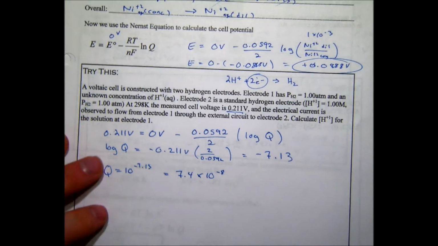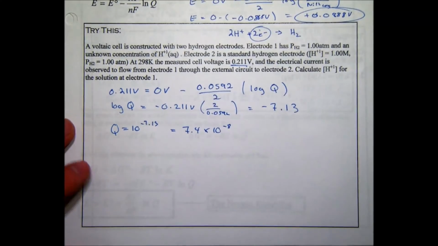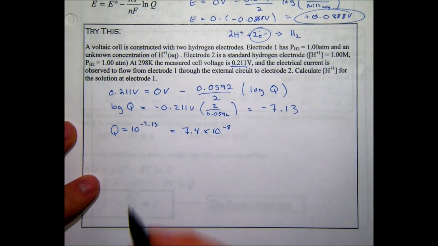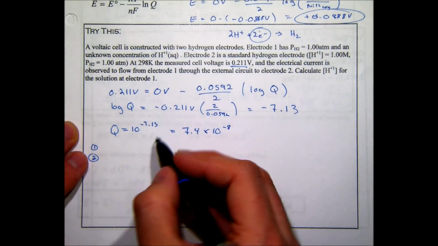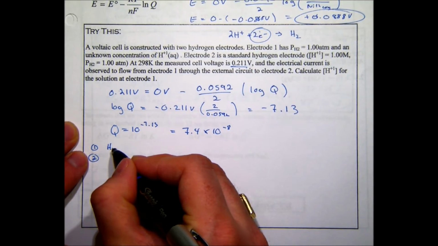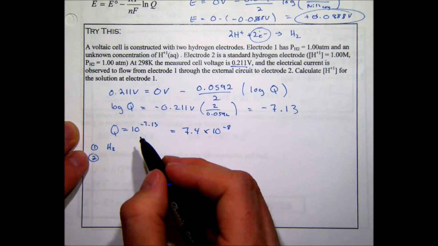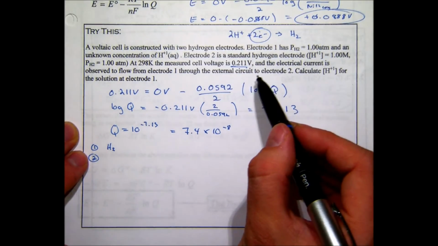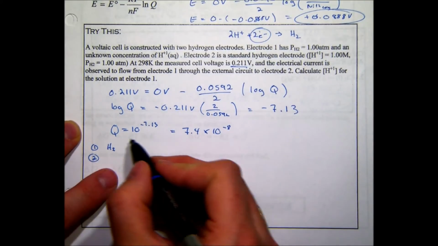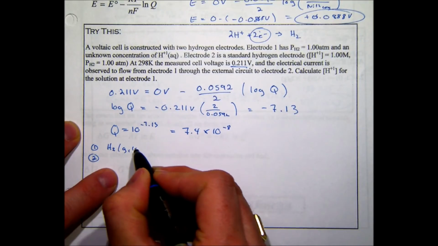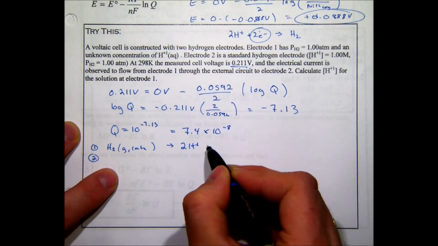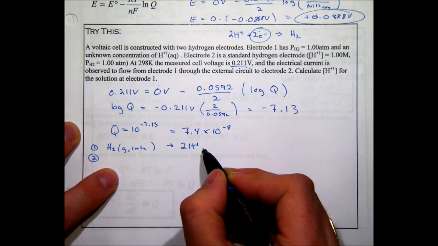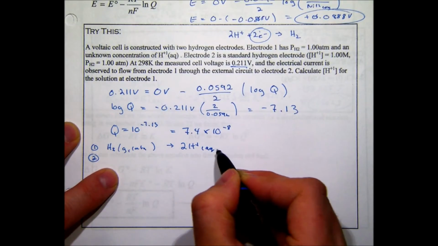So before we continue, we should really make sure that we know what's happening at electrode 1 and electrode 2. At electrode 1, we have hydrogen gas at 1 atmosphere going to 2H plus, aqueous.